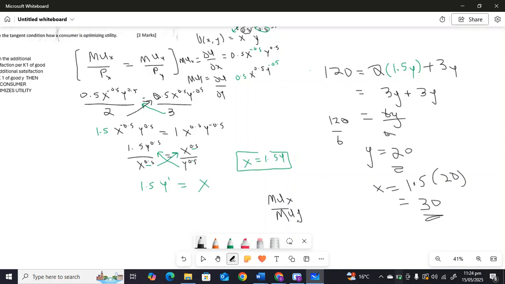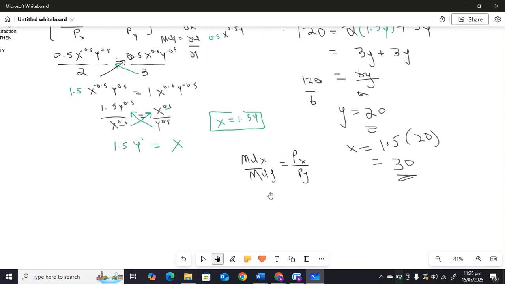Remember, an indifference curve shows combinations of x and y with the same satisfaction. Now, when the slope of the indifference curve equals the slope of the budget constraint line, then the consumer has maximized satisfaction.